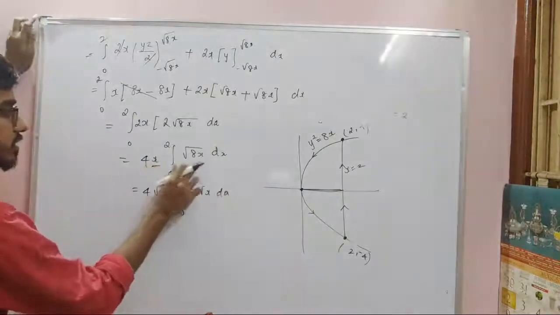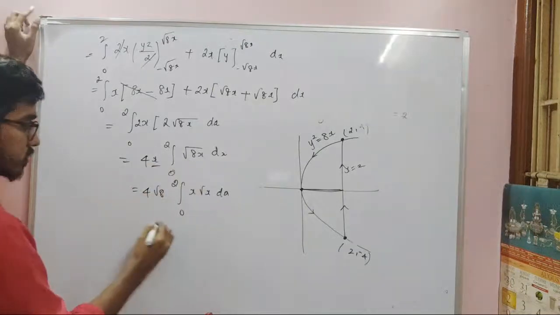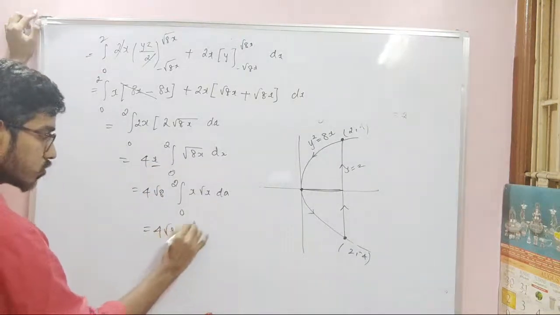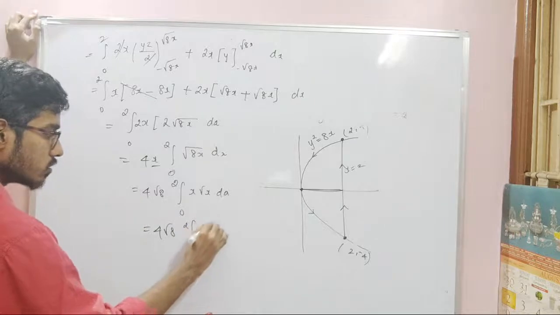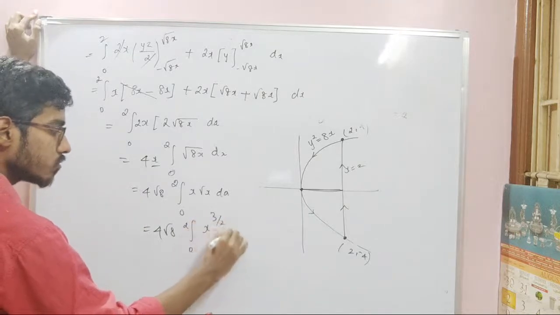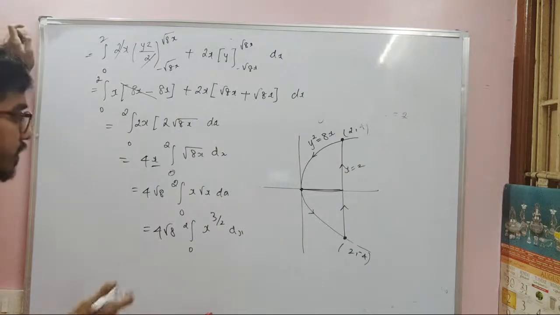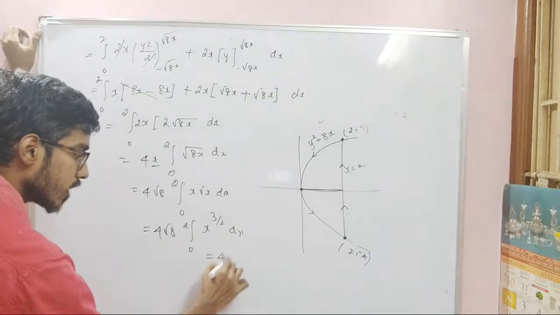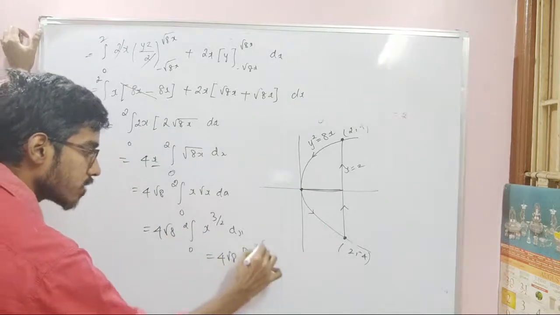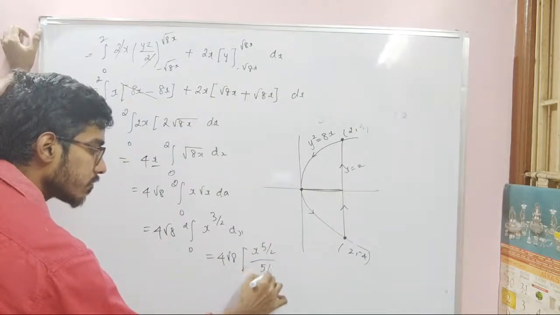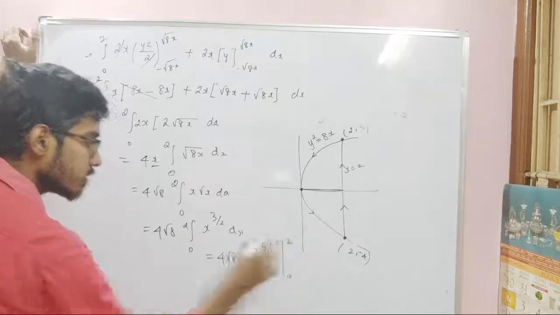You can see one x is here, and here we have root x. So this is x power 3 by 2 dx, because x power 1 into x power 1 by 2 is x power 1 plus 1 by 2, which is x power 3 by 2. When I integrate this, we will have 4 times root 8 x power 5 by 2 by 5 by 2. The limit is from 0 to 2.